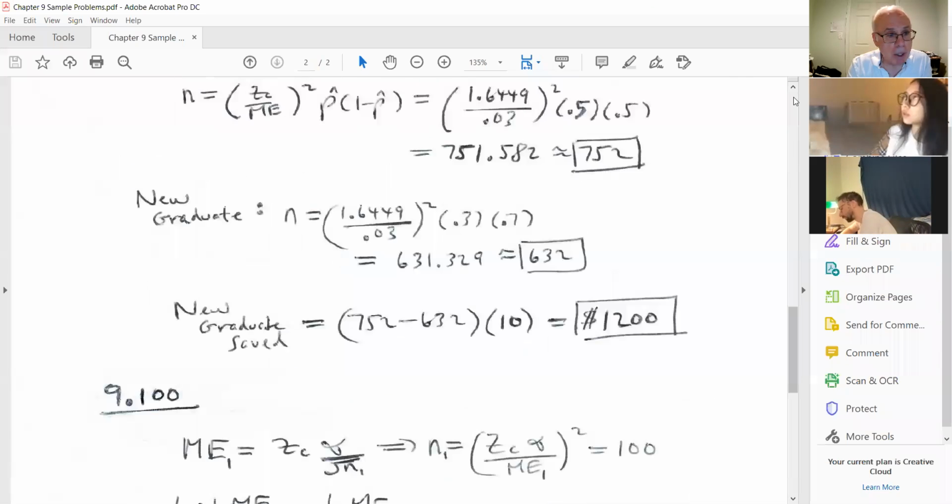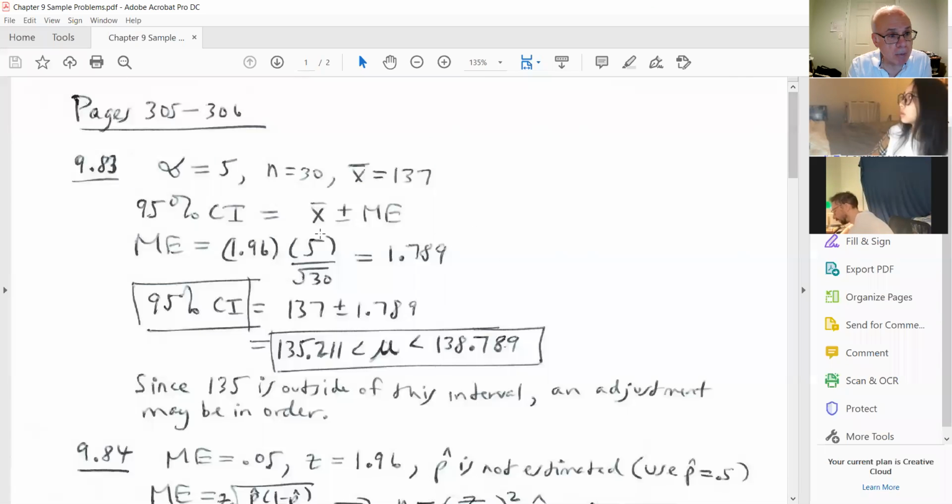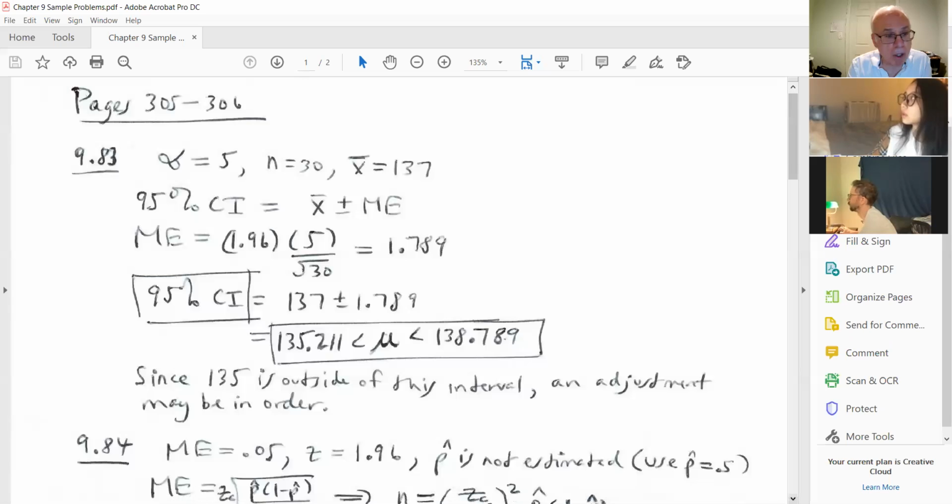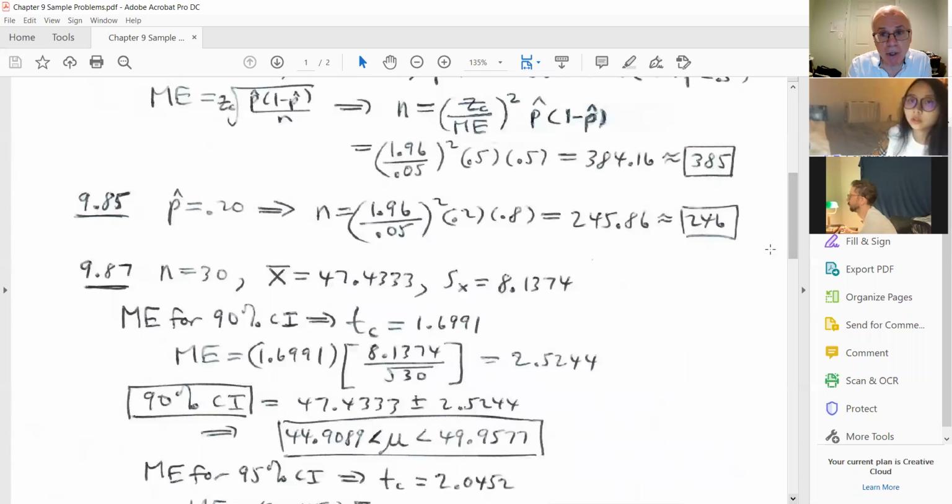Those, we're going to be looking at those. I guess there's 6 of them. Page 305, 306. Start with 83. We'll go to 84, 85, and 87. Let's start with those. All right.